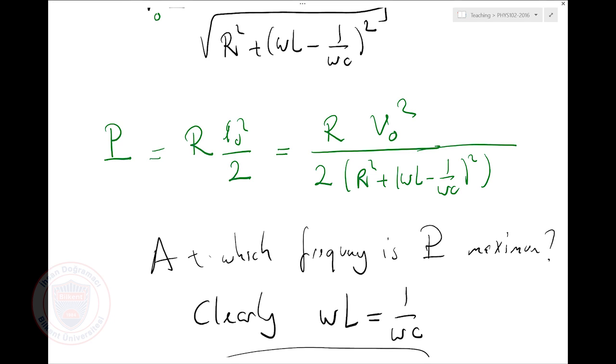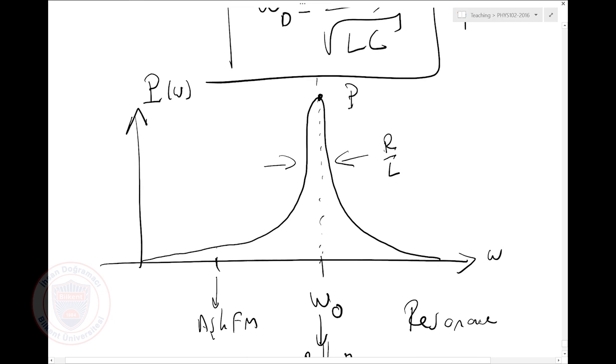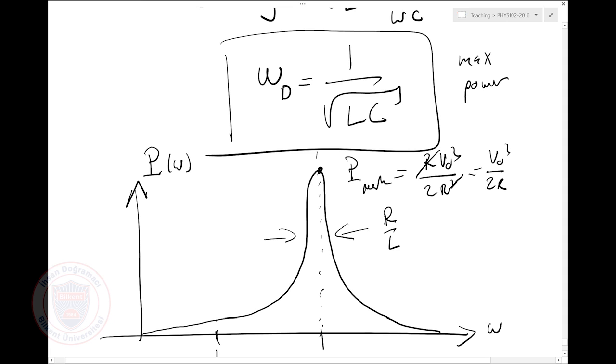Not much resistance there. However, if I'm exactly on resonance, at the peak point here, the peak power, I'm just writing from here, R times V0 squared divided by 2R squared. So they cancel. So the peak power is V0 squared over 2R.